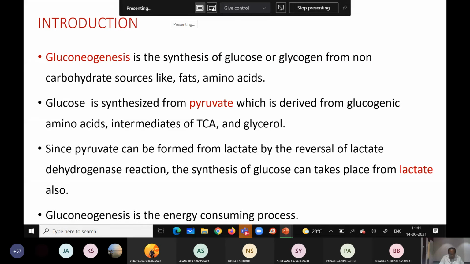In the Krebs cycle and glycolysis, catabolism takes place and there is a release of energy in the form of fuel, that is, ATPs will be formed. Whereas in this process there will be consumption of energy.